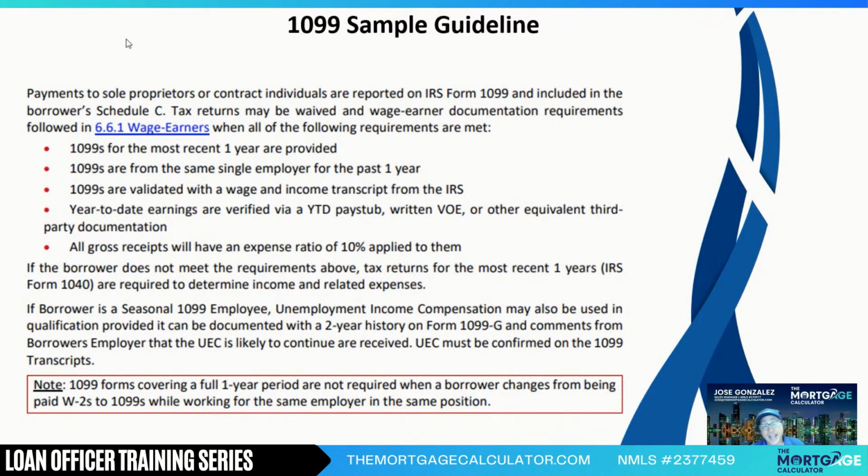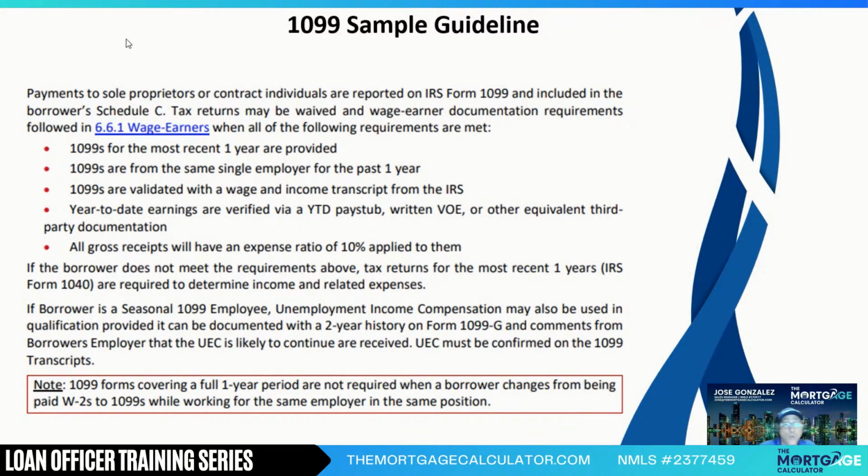And they got the nice red box around it and all that stuff, which I had already made the point, is 1099 forms covering a full 1-year period are not required when a borrower changes from being paid W-2s to 1099s while working for the same employer in the same position. Now, that's a pretty cool guideline detail there.